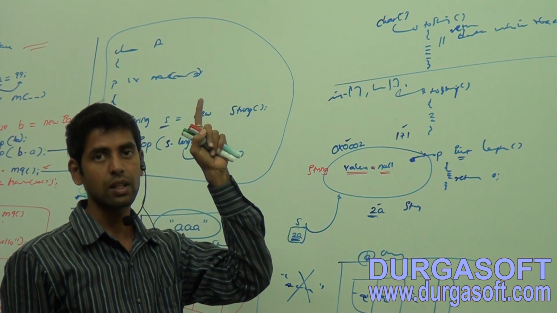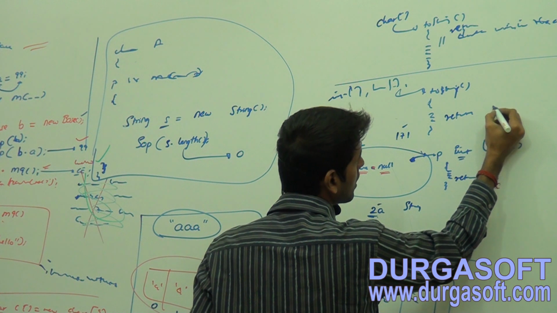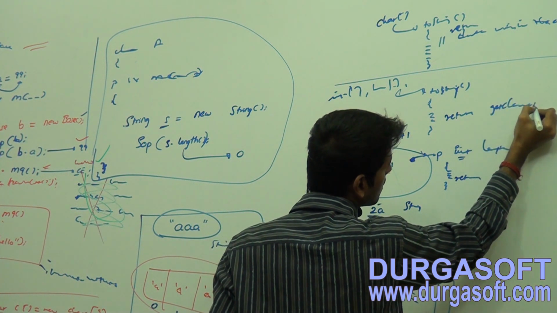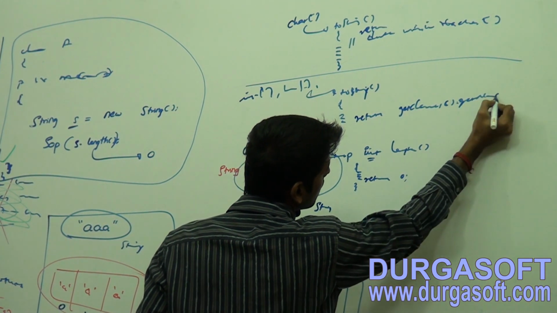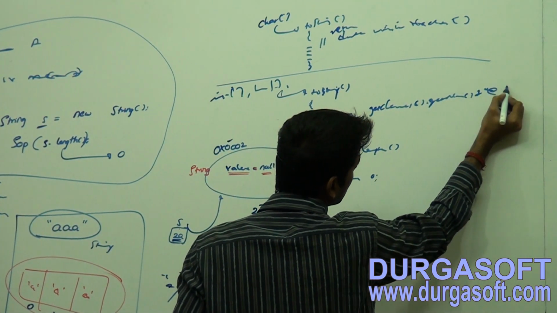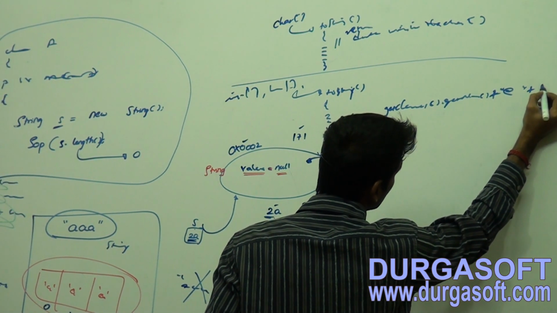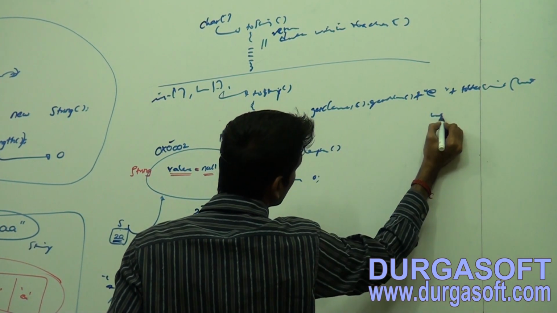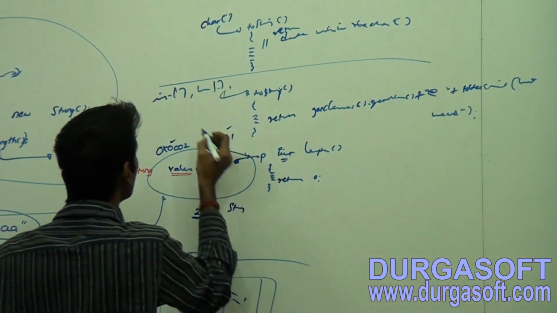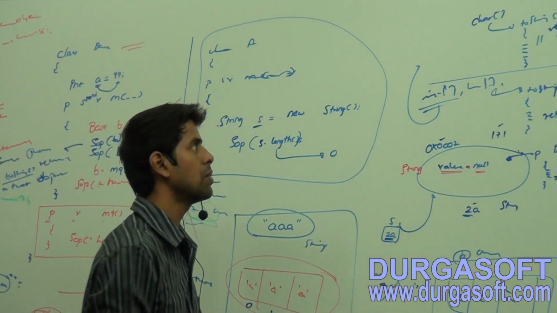They will use the toString method of the Object class. What is the toString method of the Object class? Its implementation is getClass().getName(), followed by the character @, followed by the hex string of the hash code. Now for int array, what is the class? Simple.